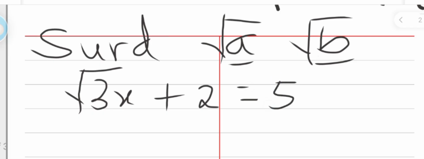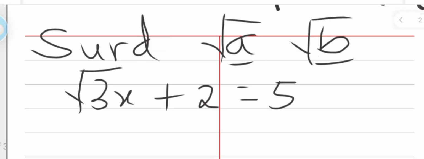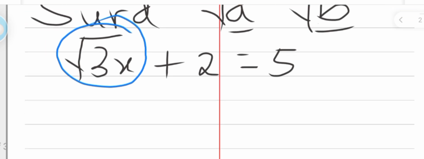This is a radical equation. Why is it a radical equation? It's a radical equation because this unknown variable here is under the root sign, right? And it's an equation because it involves an equal sign comparing two sides of the equation.